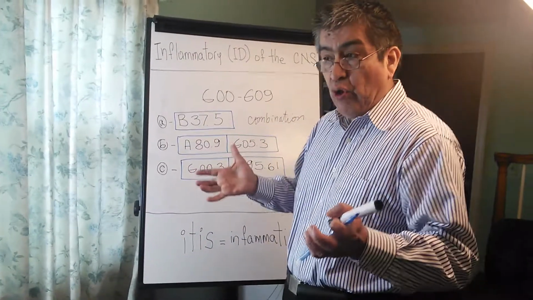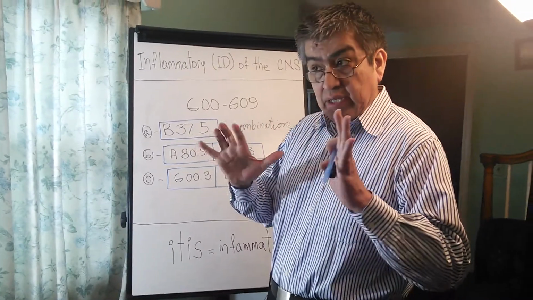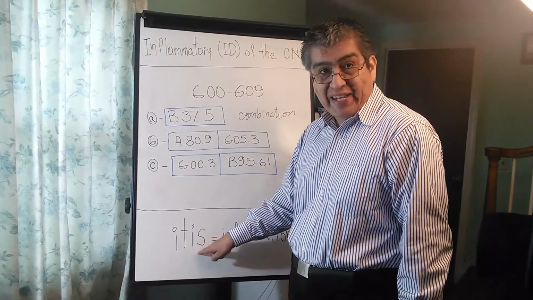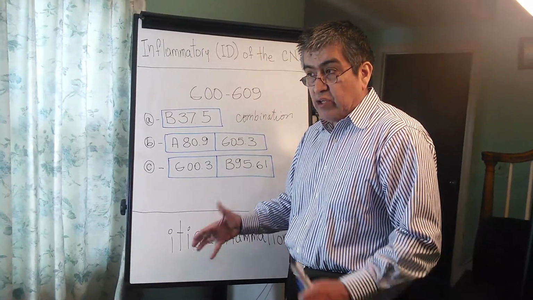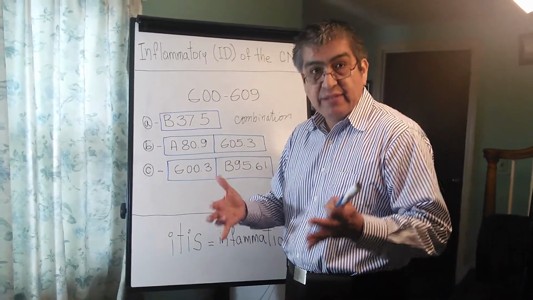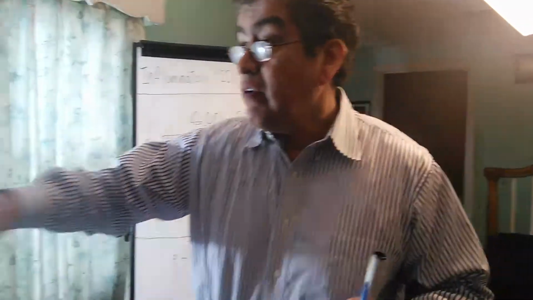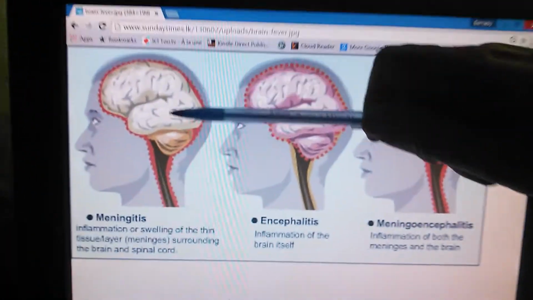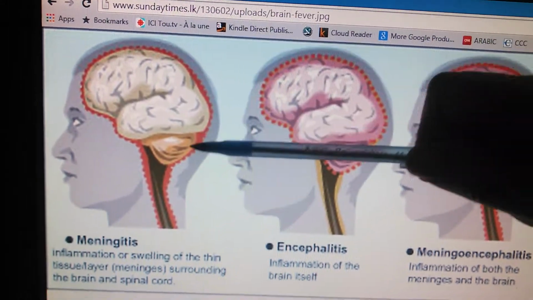Now, how do you know which is the infection and which is the bug? There is one simple trick. Just look for the ending itis, which means inflammation, right? And now, it could be meningitis, encephalitis, or myelitis. And if you look here, this is the same central nervous system here. And this one, for instance, is a meningitis right here. The meninges is the border of all the central nervous system.